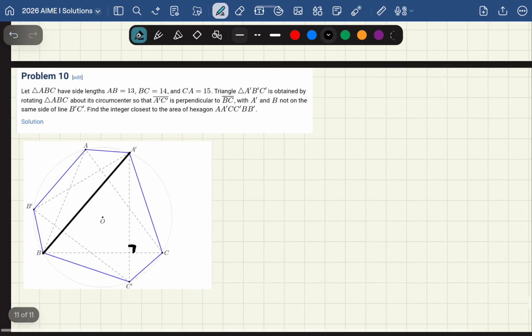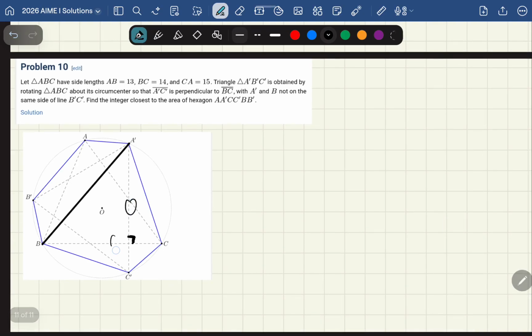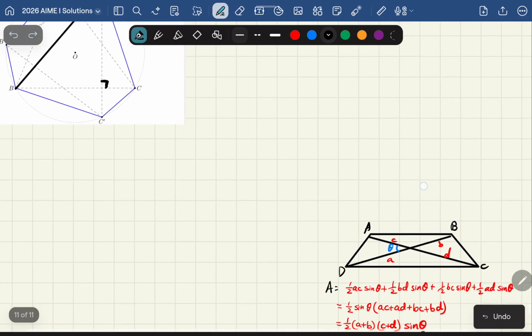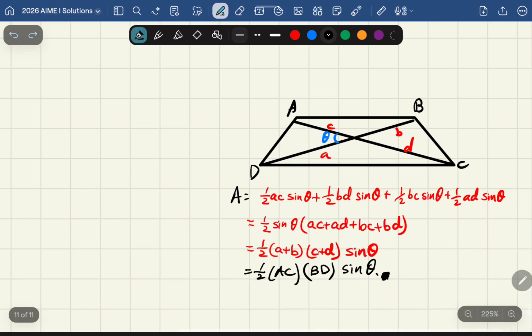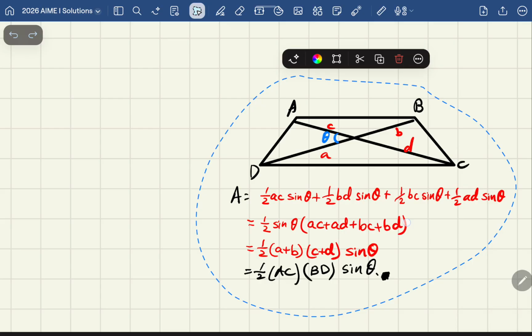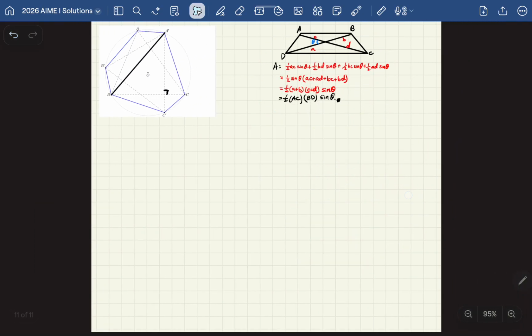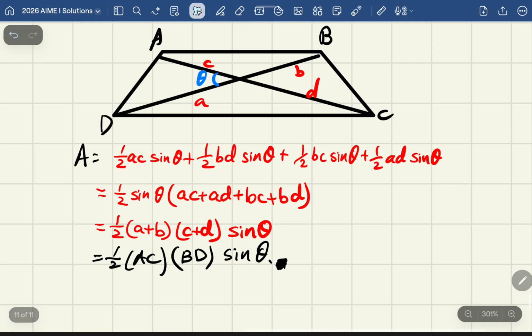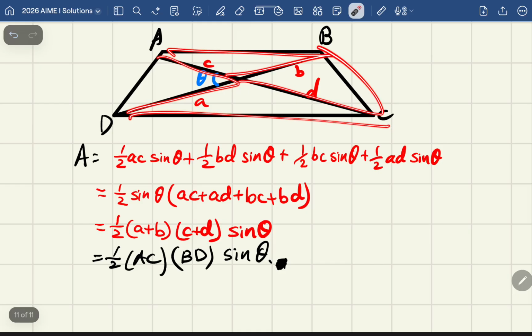So first I'm gonna show you the formula for the area of a quadrilateral using its diagonals and trig. So here's the formula. I'm gonna move it up here. So if this is A, B, C, and D, then the area is the sum of the area of these four triangles, 1, 2, 3, 4.